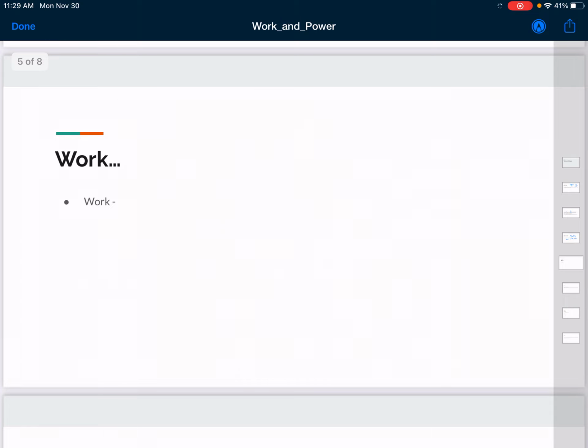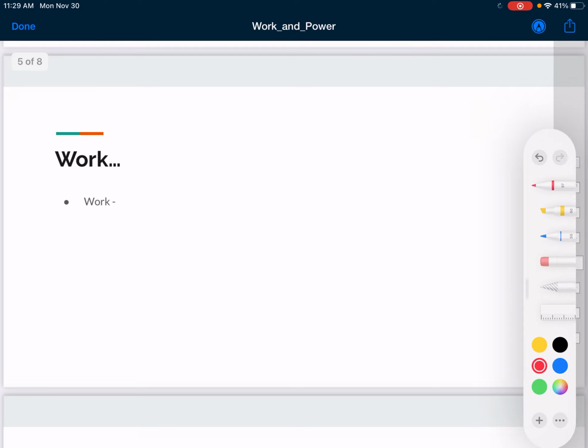So here is our formal definition of work, and I will go ahead and get this in red. Okay?